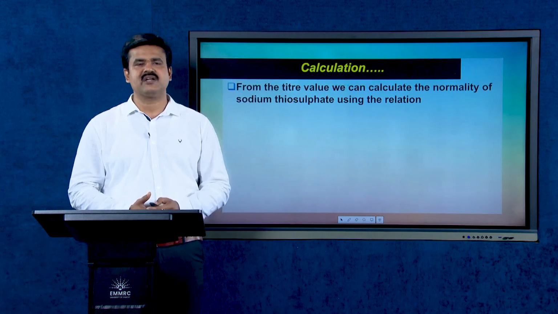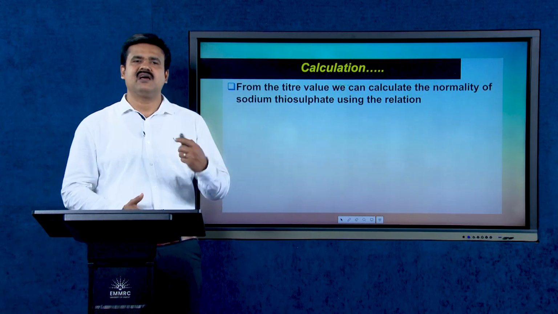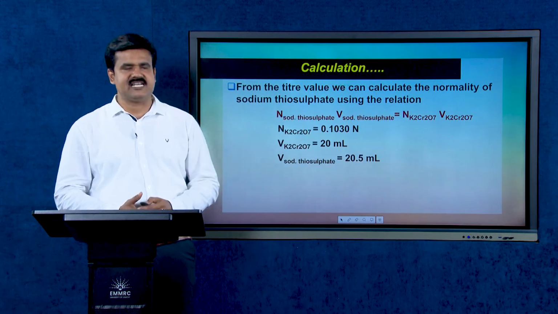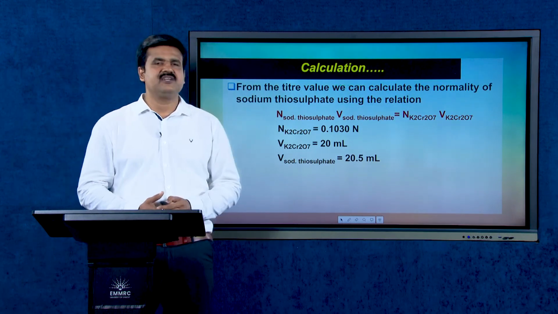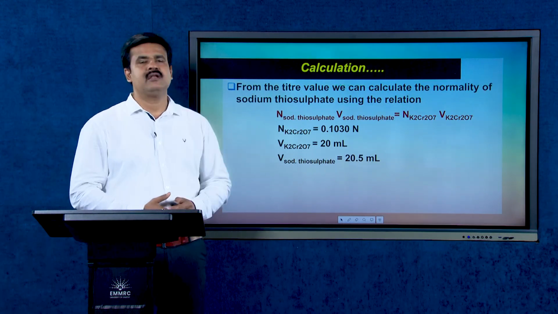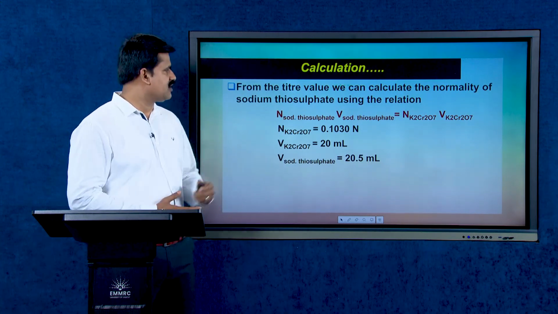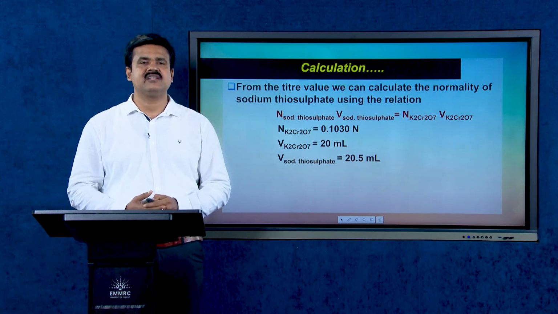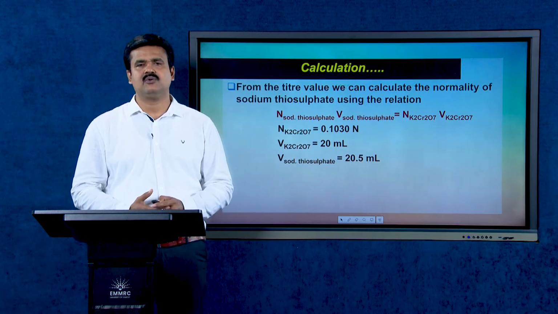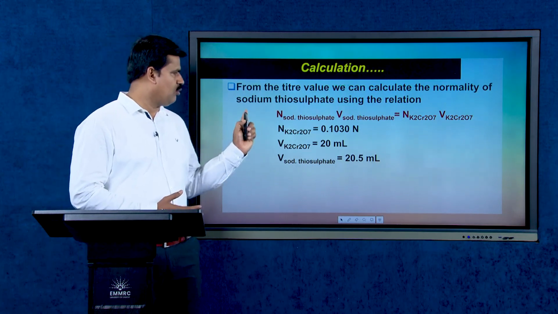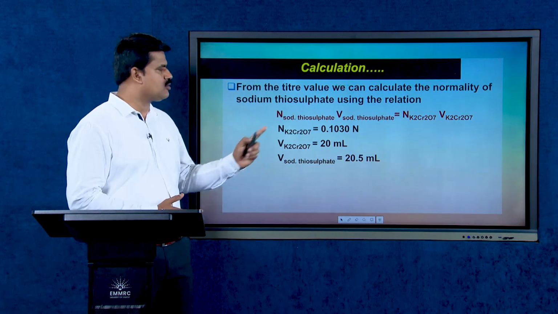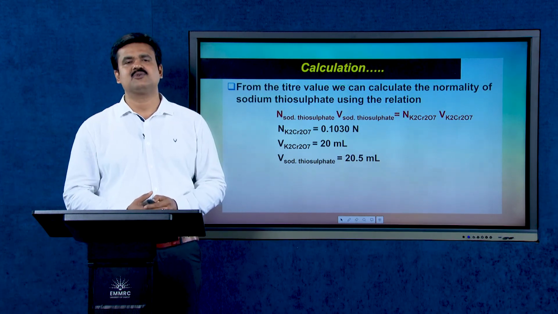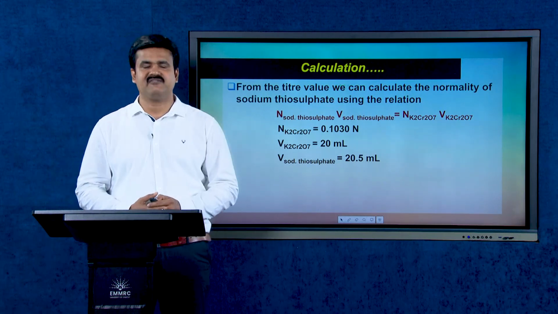And by using this concordant value of 20.5, you can calculate the normality of sodium thiosulfate solution using the relation N sodium thiosulfate into V sodium thiosulfate equal to N potassium dichromate into V potassium dichromate. In the present experiment, N potassium dichromate is already calculated, which is equal to 0.1030 normal, and the volume of potassium dichromate pipetted is equal to 20 ml, and the titer value, that is the volume of sodium thiosulfate solution used, is equal to 20.5 ml.